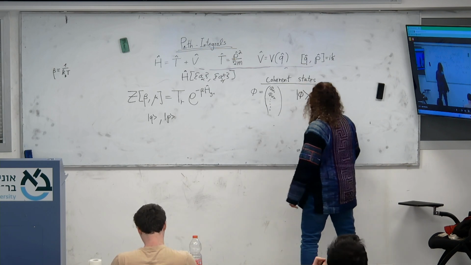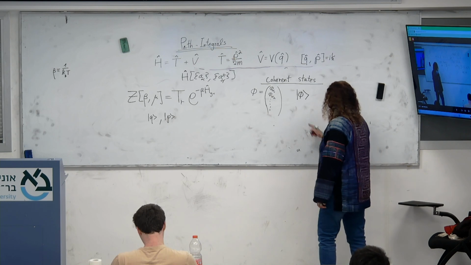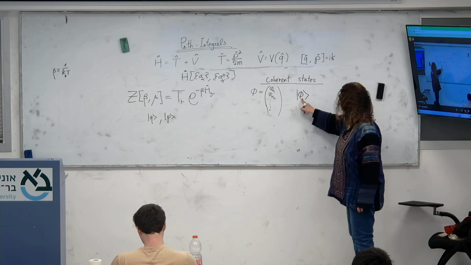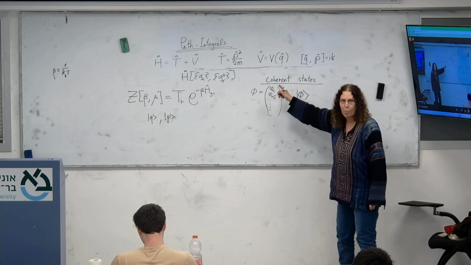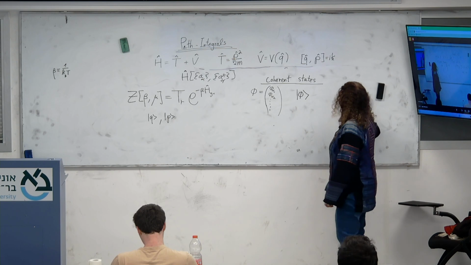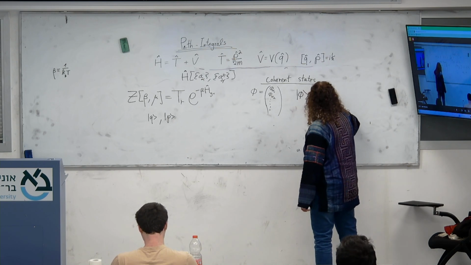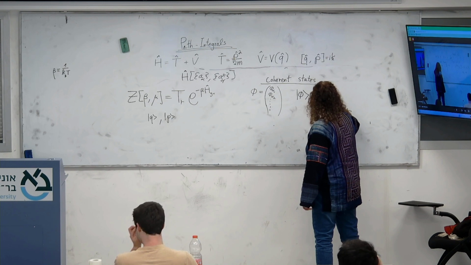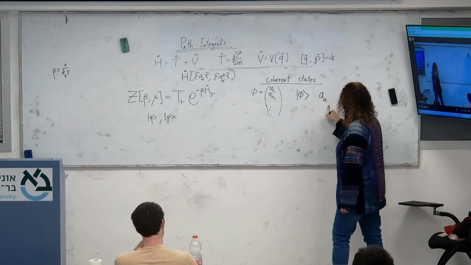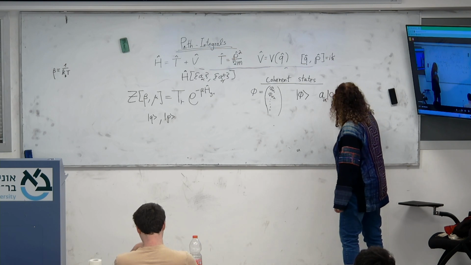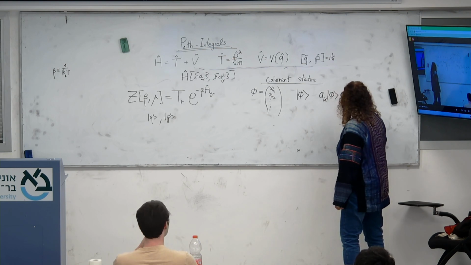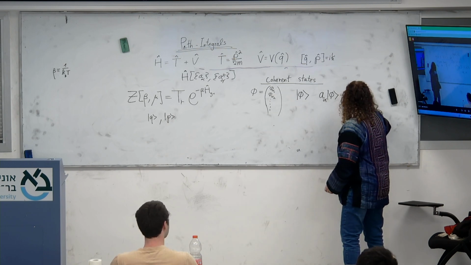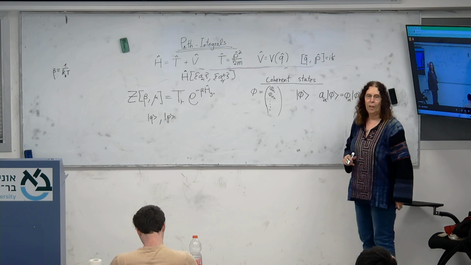Phi is defined, this is a coherent state labeled by phi, where phi is actually a set of numbers, it's not just one number, which obey that for any alpha, A alpha acting on phi will give you one of the components, the component alpha.